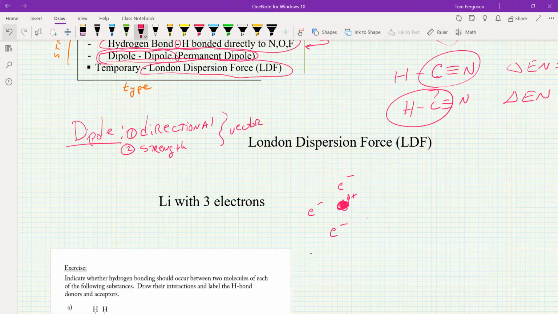Let's draw it differently here. We have a dipole going this way. We have a dipole going this way. Now, if these were perfectly aligned, they would cancel each other. Okay, so that's time 1.